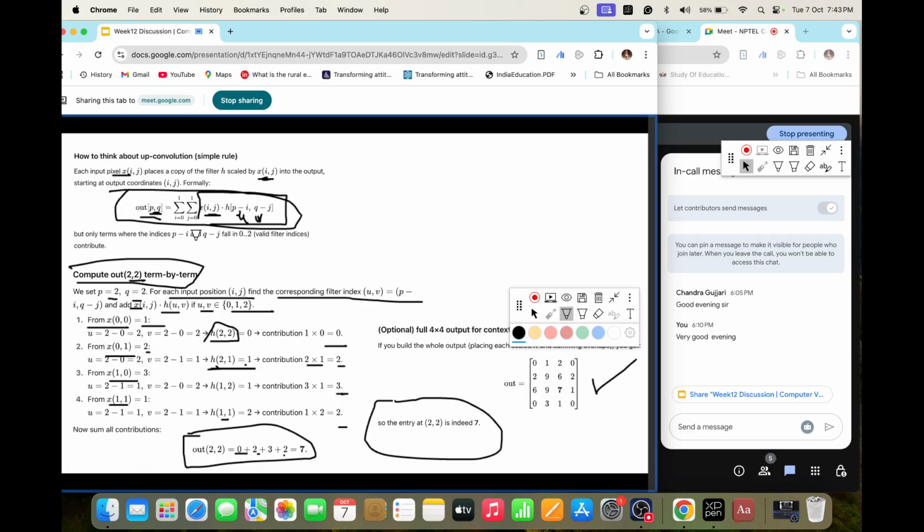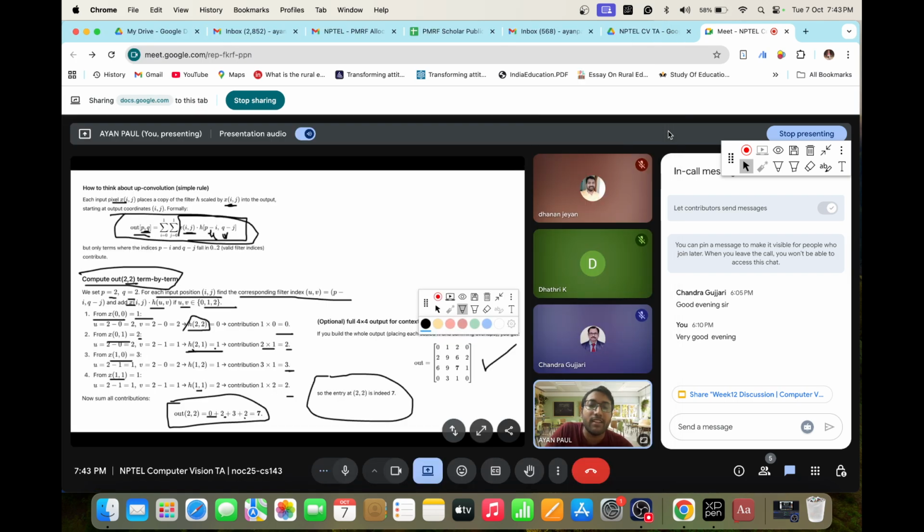For i, j, how many indices do we have? We have 0, 0, 0, 1, 1, 0, and 1, 1. Those are the 4 indices we have for the input. The output index is already clear, because the question asks us to find 2, 2, so p equals 2, q equals 2.